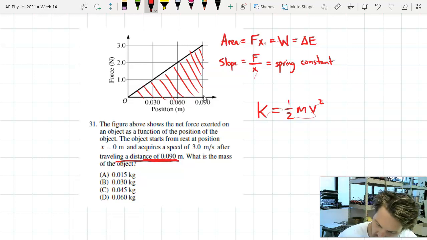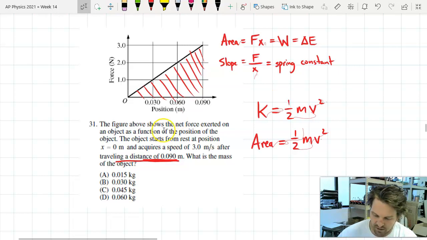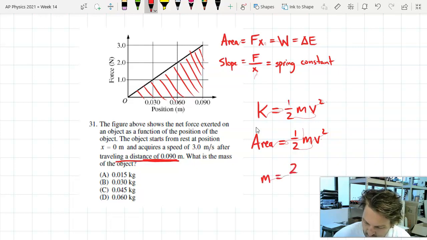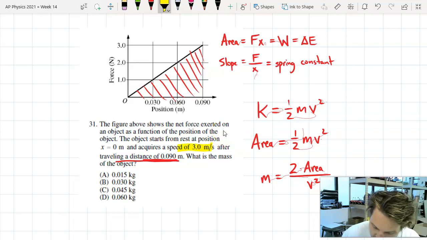All right, so we would say the area here is equal to 1/2 mv squared. And we're being asked to solve for mass, so I'm going to rearrange these and get that variable all alone. Okay, they told us the speed right there. They told us we can calculate the area.